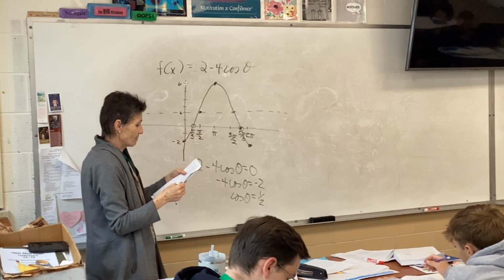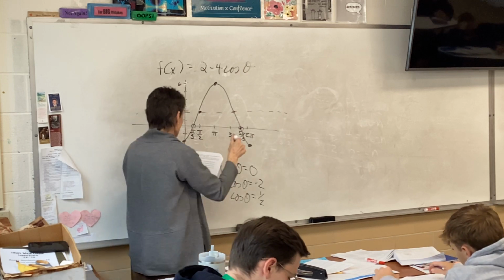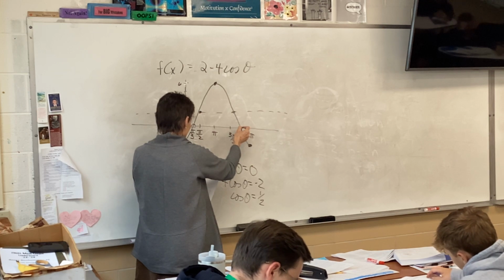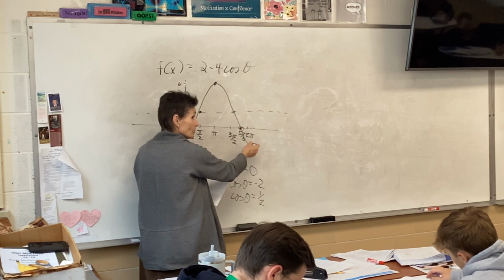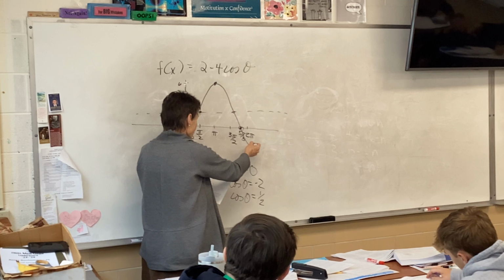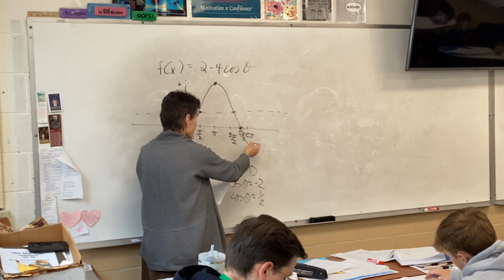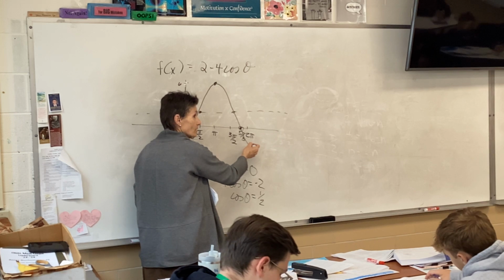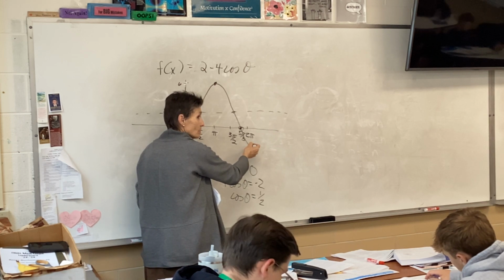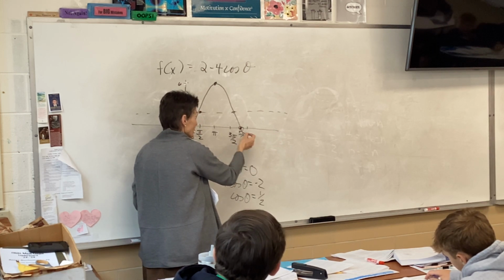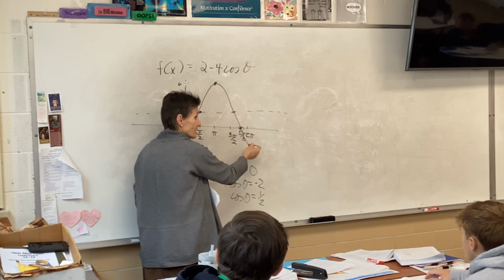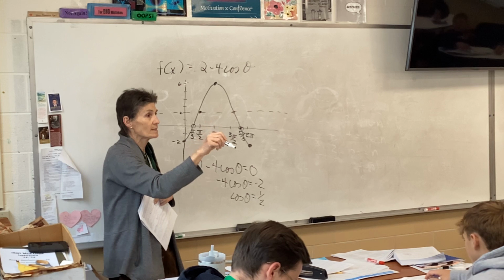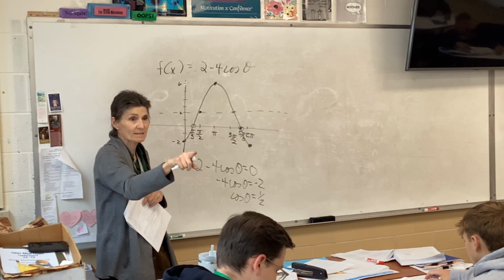All right, B, the distance is increasing for 5 pi over 3 to 2 pi, because f of theta is negative and increasing on the interval. No, this is negative, but it is not increasing on the interval. So the statement is right, but the reason is wrong, so cross B off. Does that make sense to everyone?